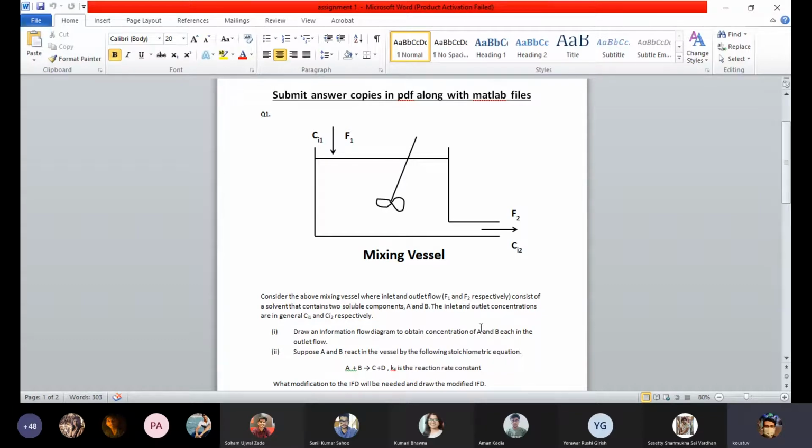Many times things will not be explicitly told to you. But one thing can be easily understood: these are liquid mixed streams that are entering. So height, of course, will be a variable or state variable, which we have to consider.